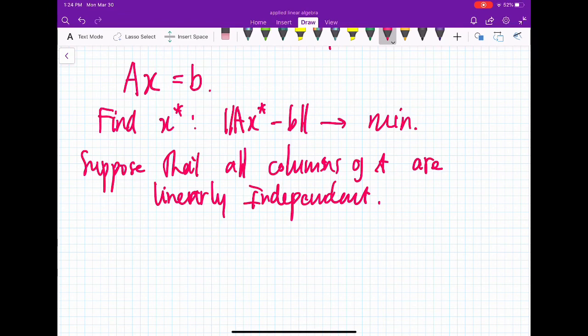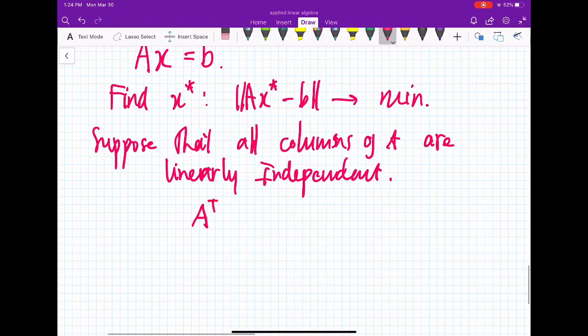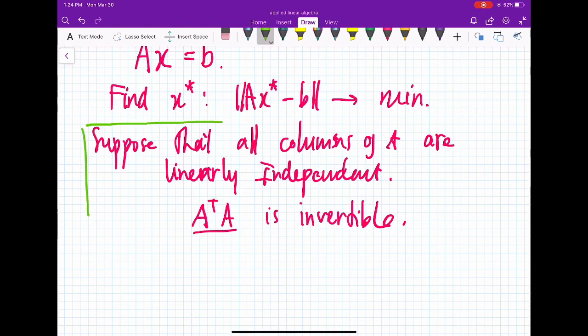That is very important because in that case, ATA is invertible. We will study the case when ATA is not invertible in the future, okay? But now we suppose that all columns of A are linearly independent.